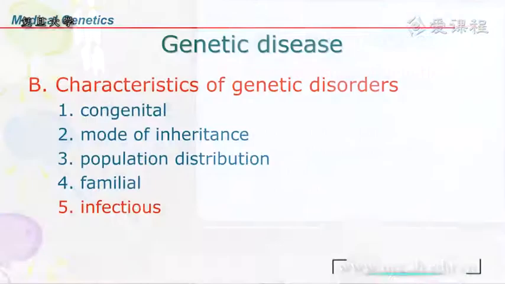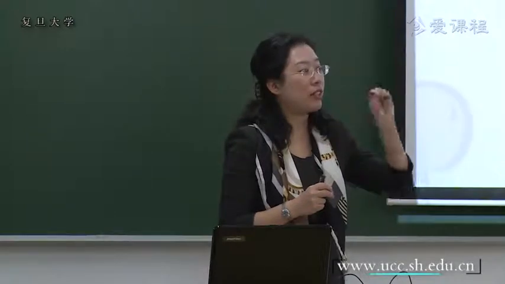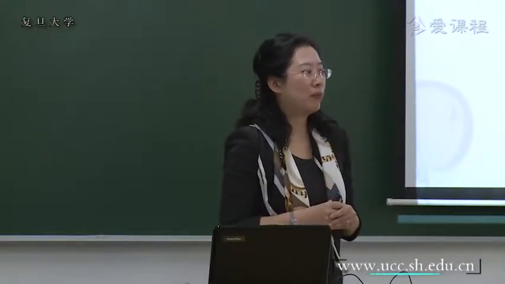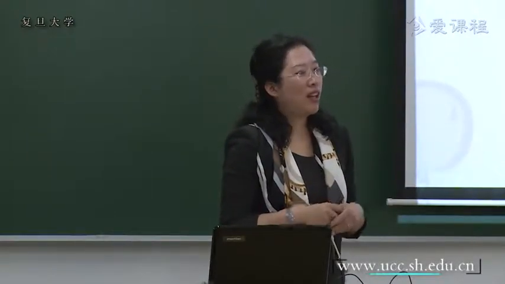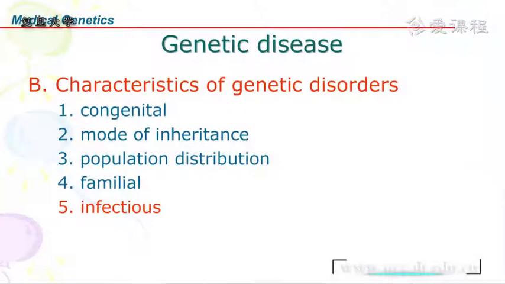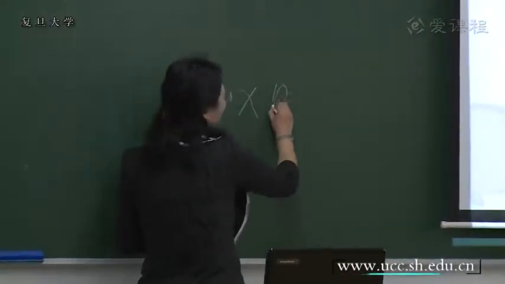X chromosome. It is not an aberration of the X chromosome, but because of a gene mutation, the gene located on the X chromosome. But don't females have 2 X chromosomes? Yes, but it is X recessive.